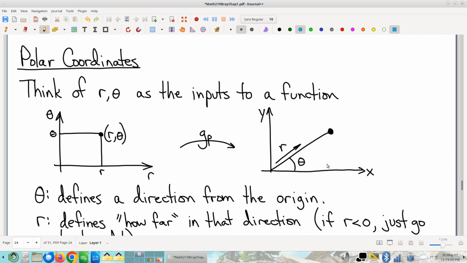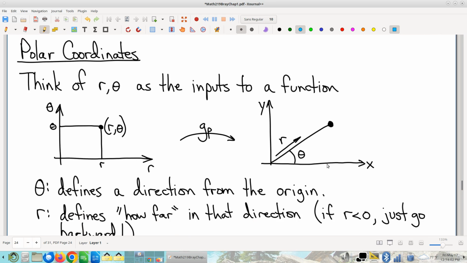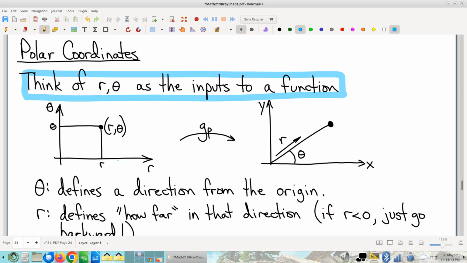So heads up for that. Let me just real quick wave my hands at what polar coordinates are. Y'all have probably seen pictures kind of like this before. The big idea I want to throw at you is that I like to think of r and theta in relation to a function. Think of an r theta plane over there on the left, and that there is a function that, if you give me an r and a theta, produces a point in the xy plane.